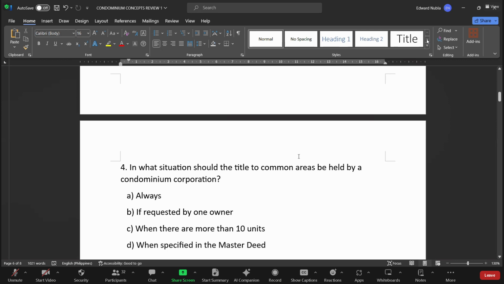In what situation should the title to common areas be held by a condominium corporation?